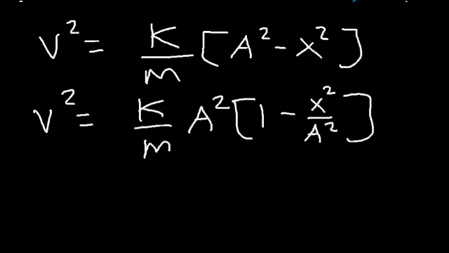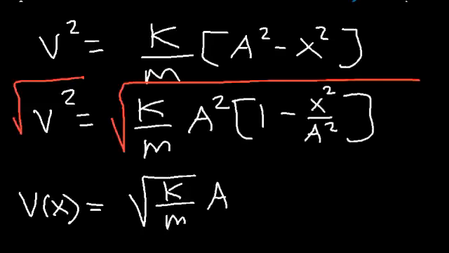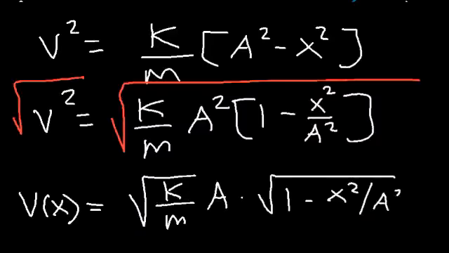So now what we want to do is take the square root of both sides. So the velocity as a function of x is going to be the square root of k divided by m times a times the square root of 1 minus x squared divided by a squared.